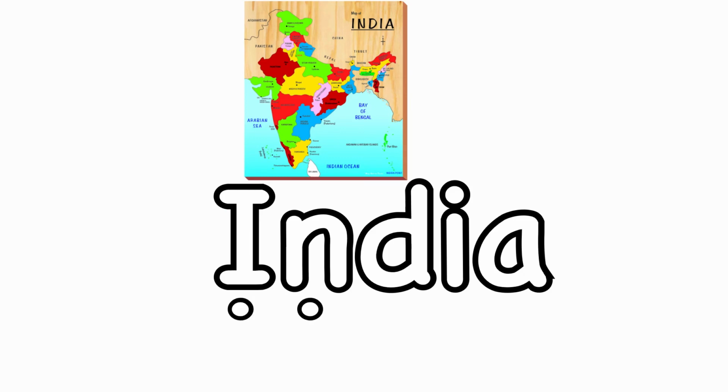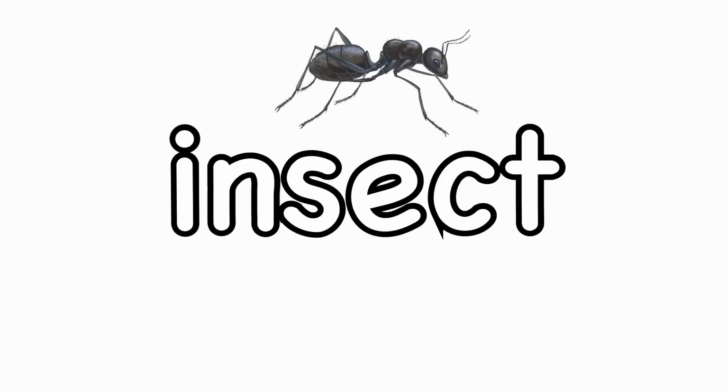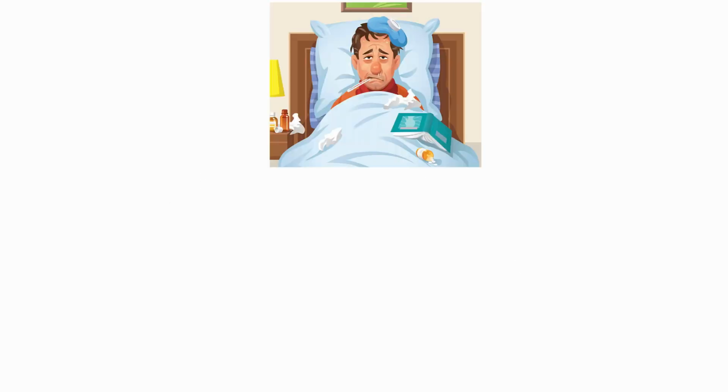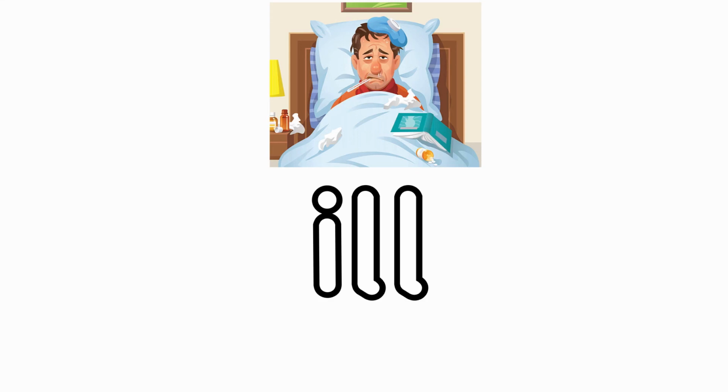I, N, D, I, A. India. Insect. I, N, S, E, K, T. Insect. This person is feeling ill. I, ill.